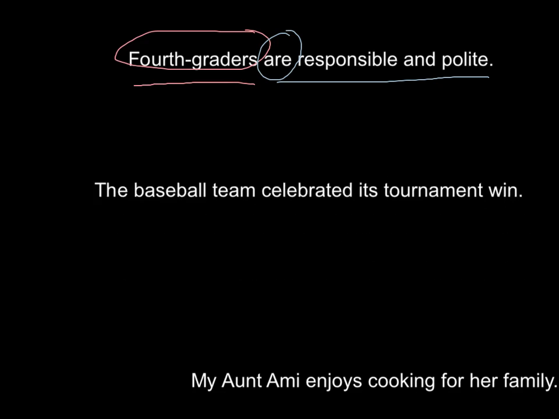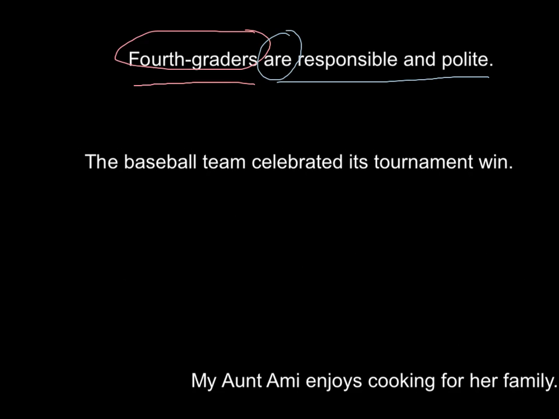The next sentence, the baseball team celebrated its tournament win. The complete subject, the thing that the whole sentence is about, is the baseball team. But if I narrowed it down to one word, it would be the noun team. So the baseball team is the complete subject and team is the simple subject.